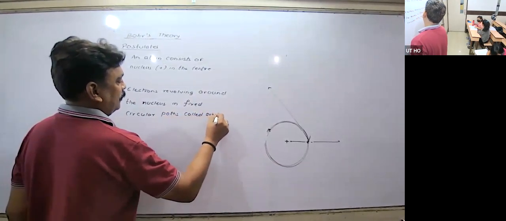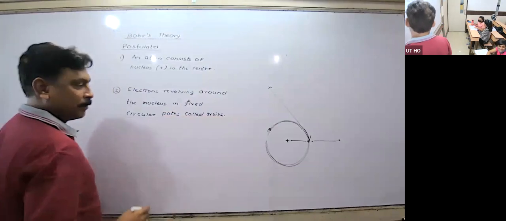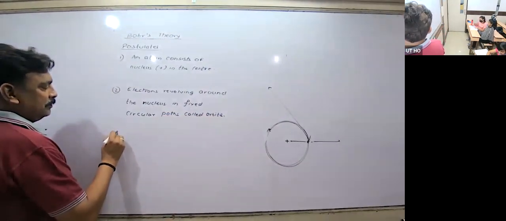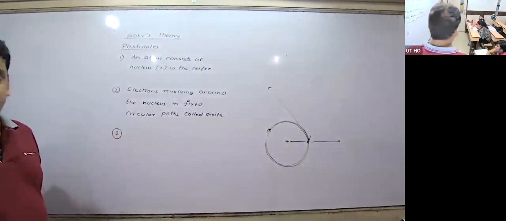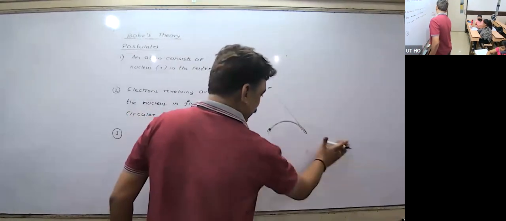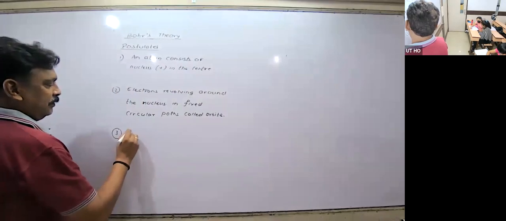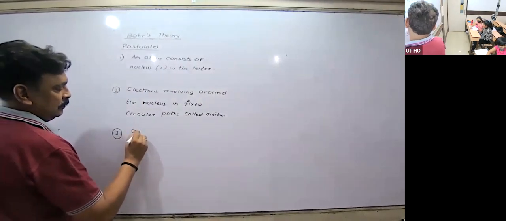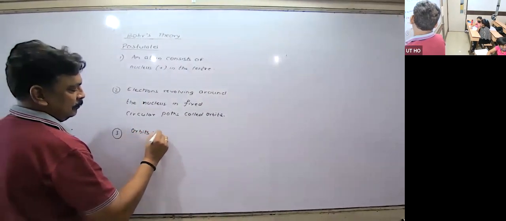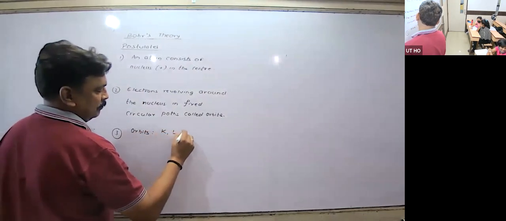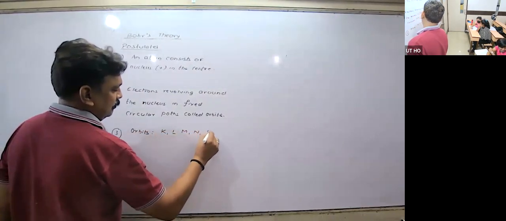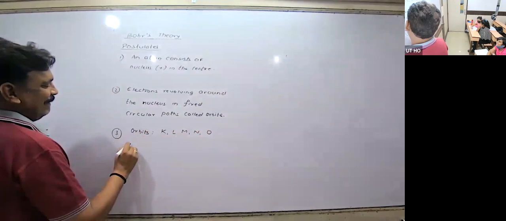Drawbacks of the atomic model. Drawbacks यानी disadvantage. By comparing the atomic structure to the solar system, it would be a big mistake because as the planets revolve around the sun, they radiate energy according to the laws of mechanics and electrodynamics.